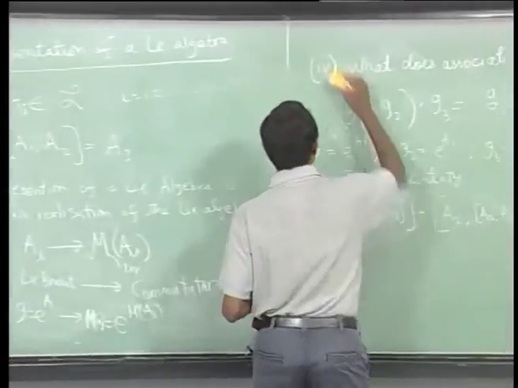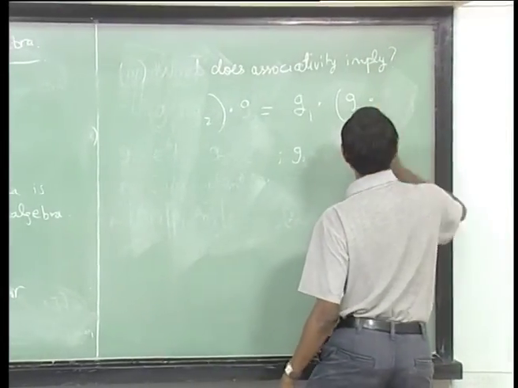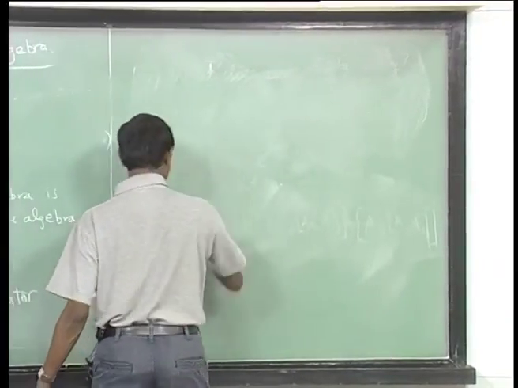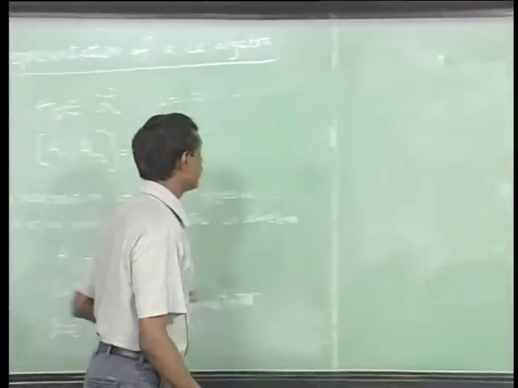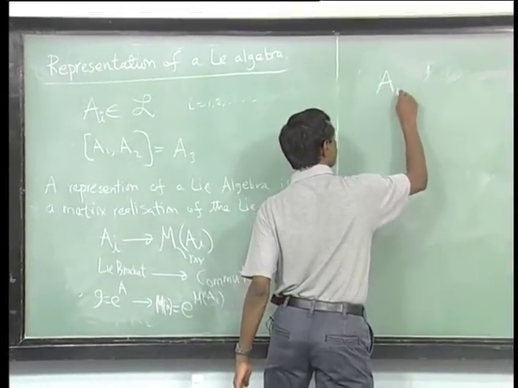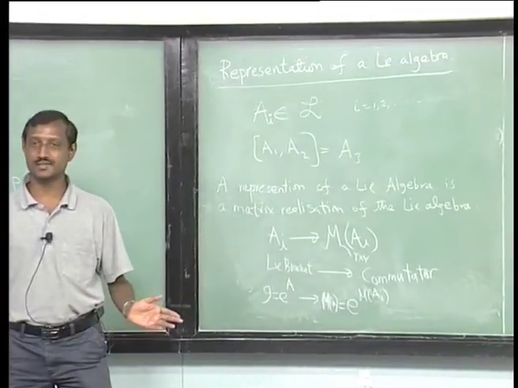So now we can come back to the linear vector space setting. I just want you to remember what a representation is. Now we will go back to a Lie algebra. If you give me a bunch of A_i's, since it is a linear vector space, I can choose a basis.